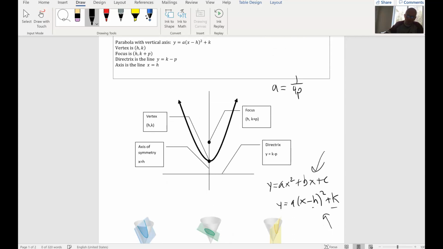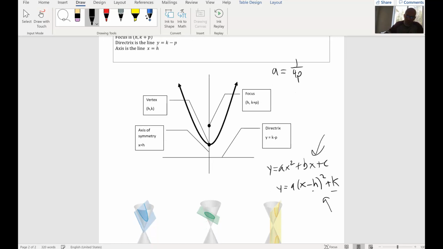Now, what is p? p is the distance between the vertex and the focus point, or the distance between the vertex and the line, which is the directrix. You can see the line right here, and the point right there. I'll use green for that. So the little green highlighted point is called the focus point, and the yellow highlighted line is called the directrix.